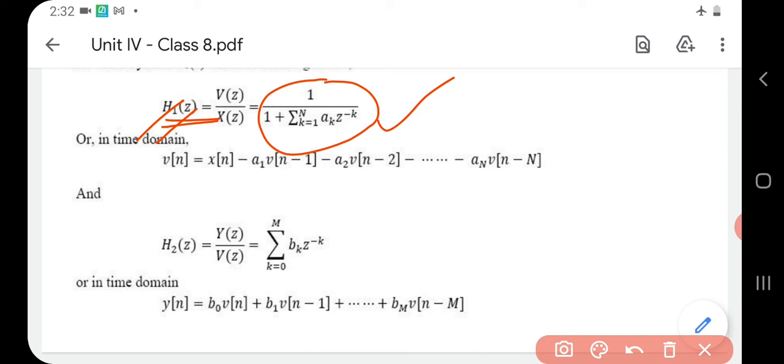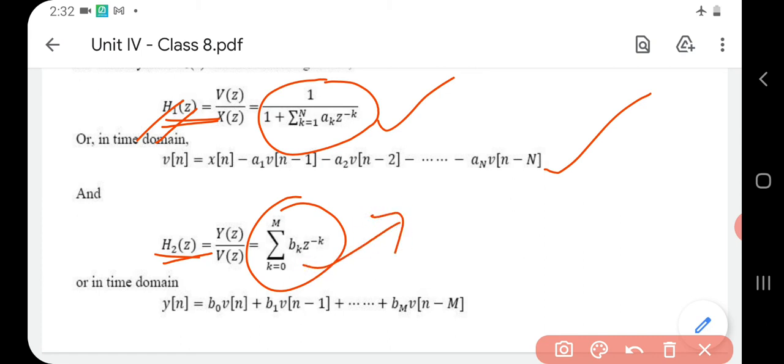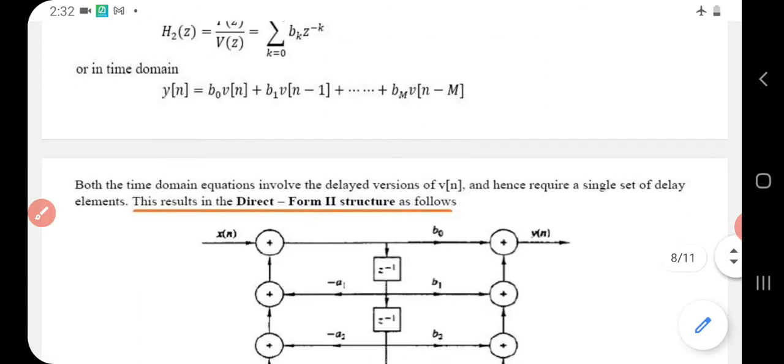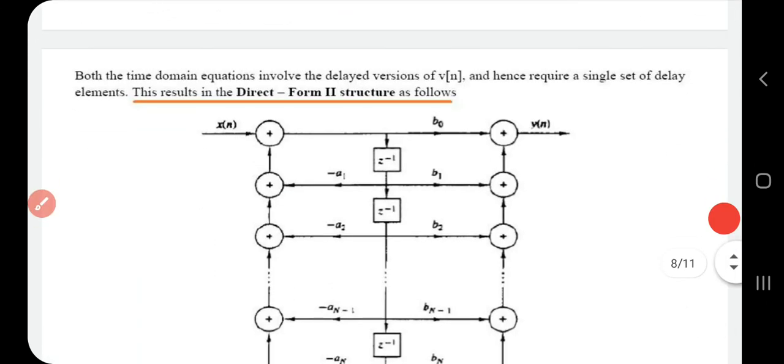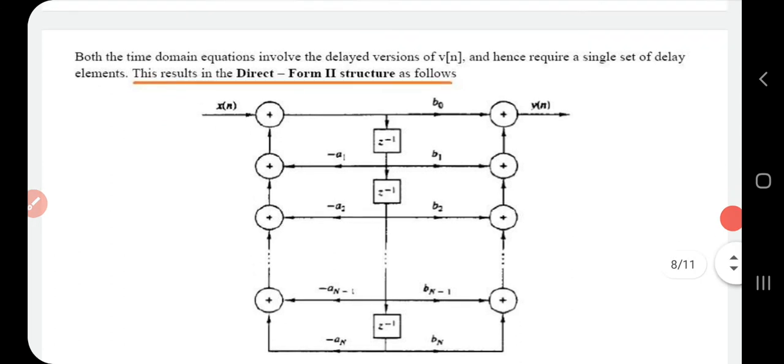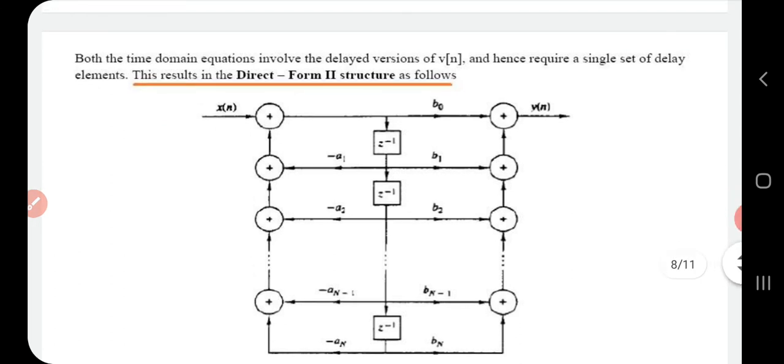There is no problem. Why? In direct form 2 structure, there is no importance to the order, and this is the time domain representation. Similarly, H2(z) is represented like this, whereas in direct form 1 structure, this was actually H1(z), right? Again the time domain representation. Now this is a pictorial representation of direct form 2 structure. Here there are delay elements.